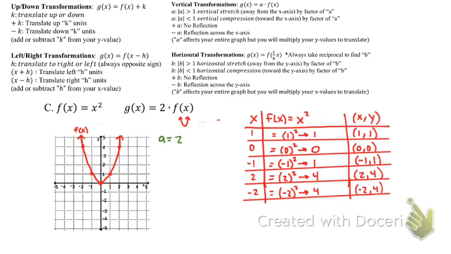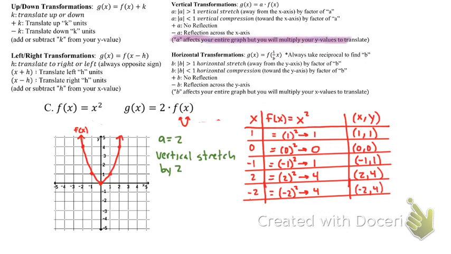Okay? So let's write down what's going to happen. We're going to have a vertical stretch by 2. So how do we do this? To do a vertical stretch, we're going to use the points. If you look at the rule, how does a affect your graph?